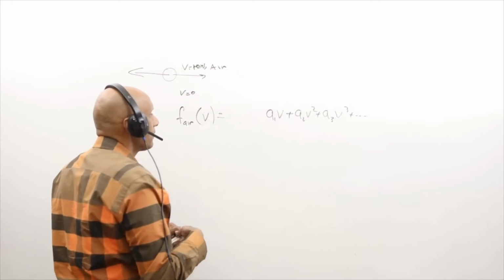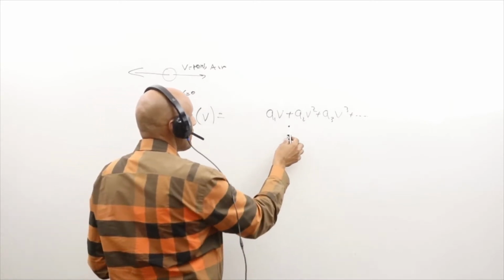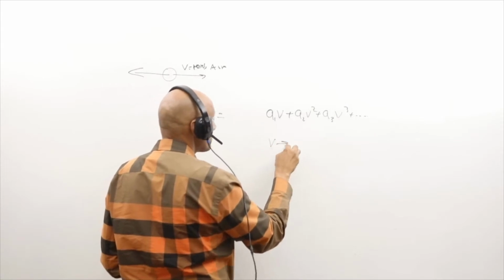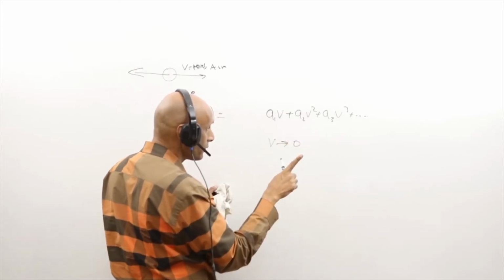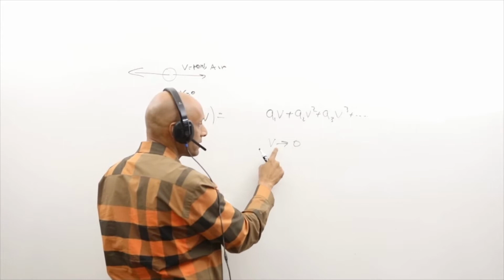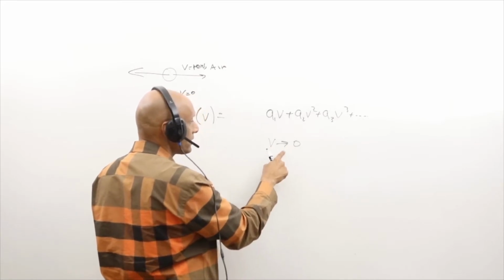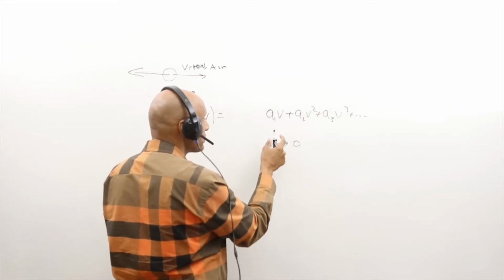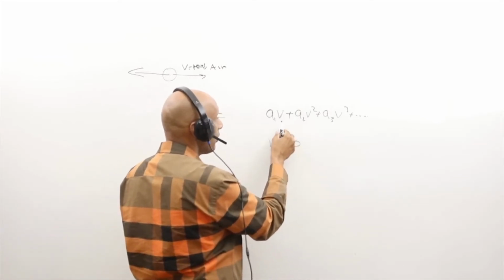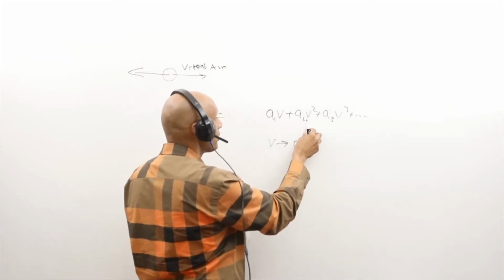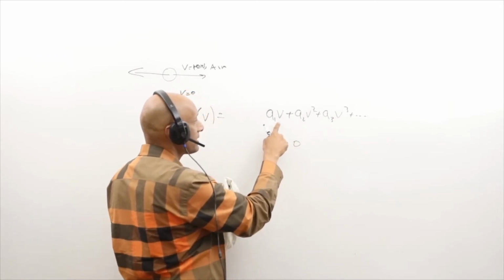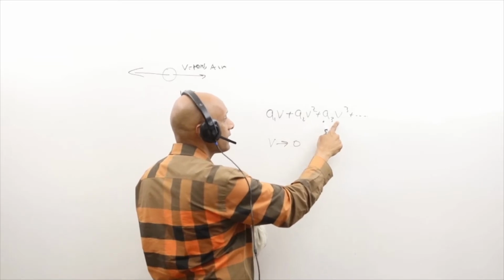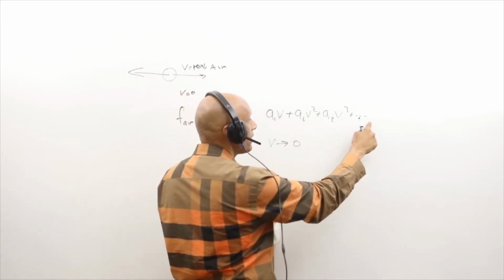Now A1. If v is very, very small, so it's approaching 0, meaning it's not 0, but approaching 0, remember what this means. Whenever we do this in calculus, v is approaching 0, but not 0. It's very small. If v is very small, then v squared is much smaller. For example, if v is 10 to the minus 10, v squared is of the order 10 to the minus 20, and v cubed is 10 to the minus 30. These orders are very small.